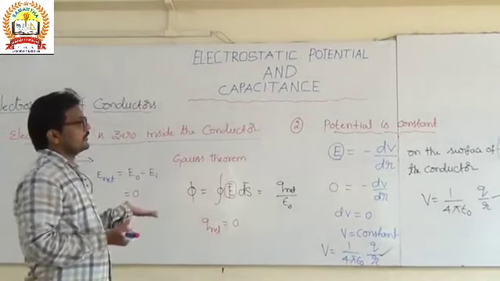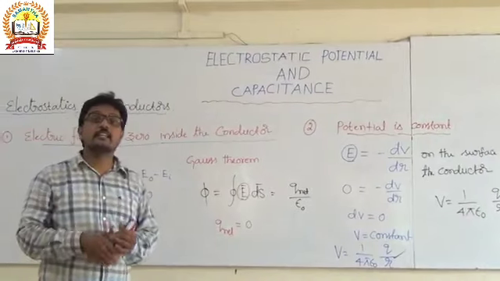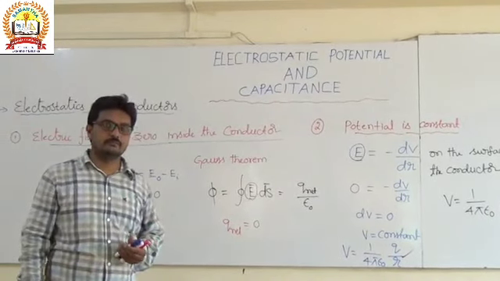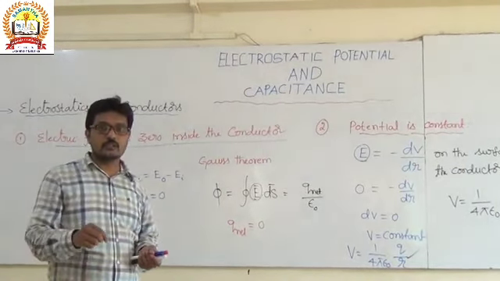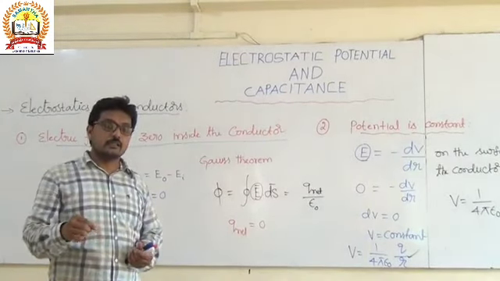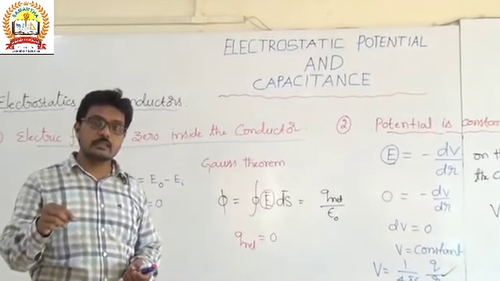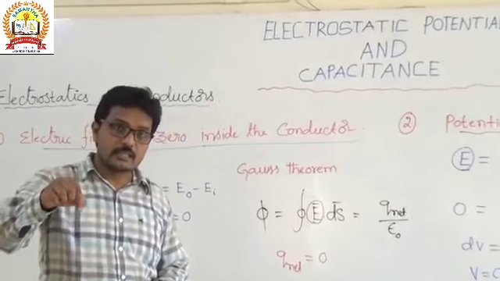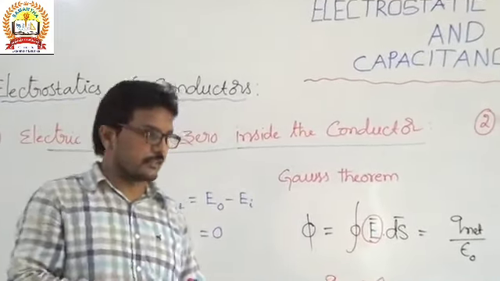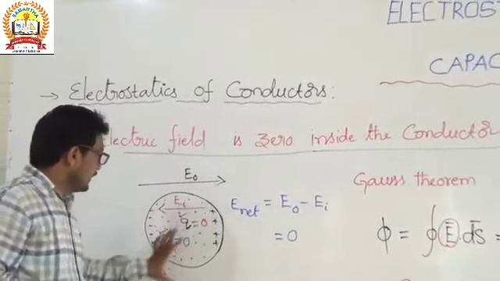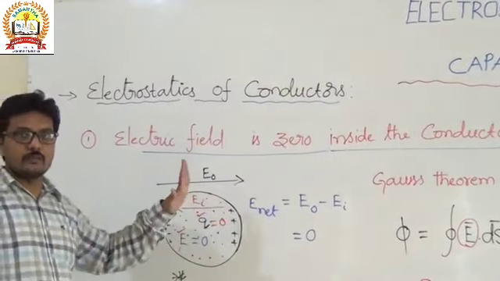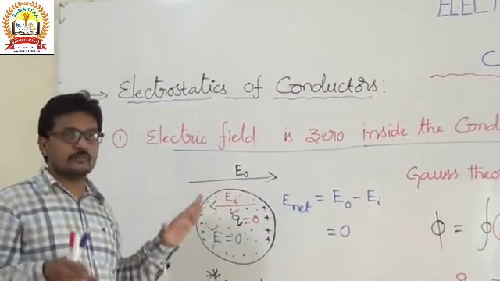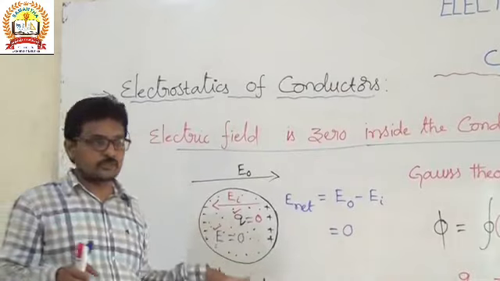It means that the surface is an equipotential surface. On an equipotential surface, the potential is the same at any point. You take the surface at any point, the potential will be the same. Such a type of surface we call an equipotential surface.